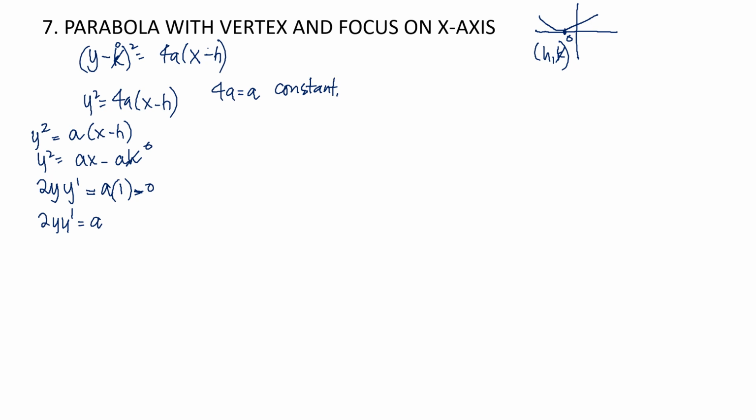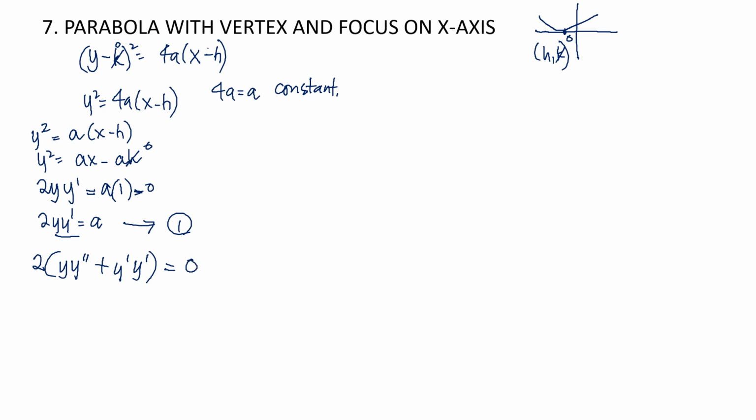Okay. So, this is now our first derivative. And then, second derivative is 2. Labas natin si constant 2. And therefore, we have our y, y prime, which is product rule. So y double prime plus y prime multiplied by y prime is equals to, a is constant, therefore this is 0.